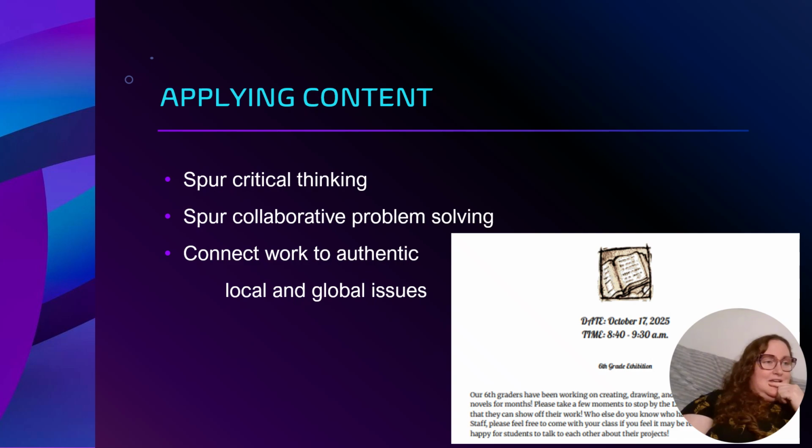I think it wasn't my intention necessarily for it to apply to local and global issues, but somehow it got there, because I got feedback. The exhibition was open to all staff, family, whoever wanted to come.